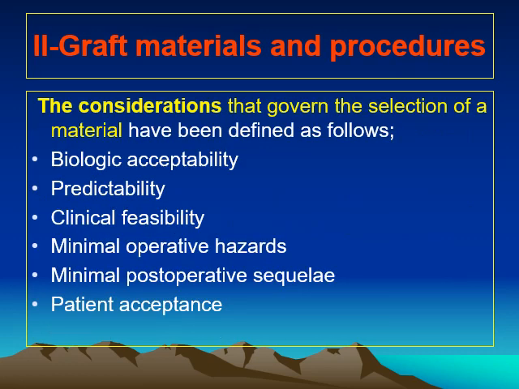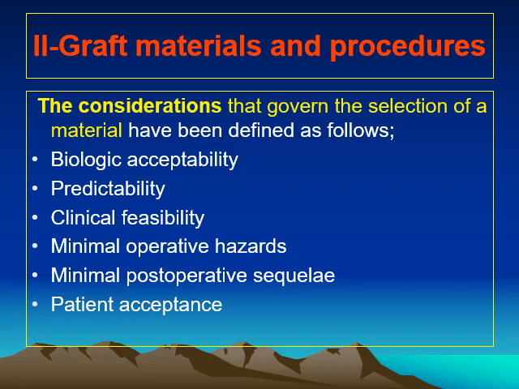The considerations that cover the selection of a graft material have been defined as follows: biologic acceptability, predictability, clinical feasibility, minimal operative hazards, minimal post-operative sequelae, and patient acceptance. All grafting techniques require pre-surgical scaling, occlusal adjustment as needed, and exposure of the defect with a full thickness flap.